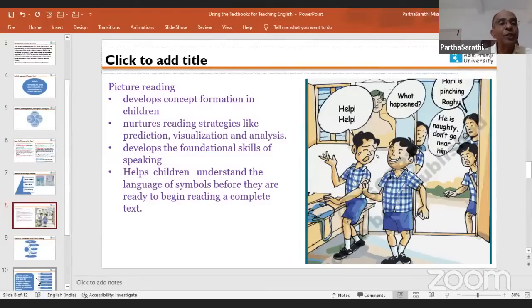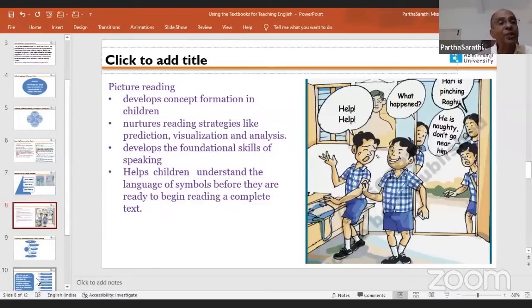And any picture, it may be pictures in advertisements, it may be newspapers, magazines, calendars, stamps, labels, posters, everything. In English textbooks also, you have English textbooks class 1, 2, 3, 4, 5. Every unit, each unit starts with pictures.